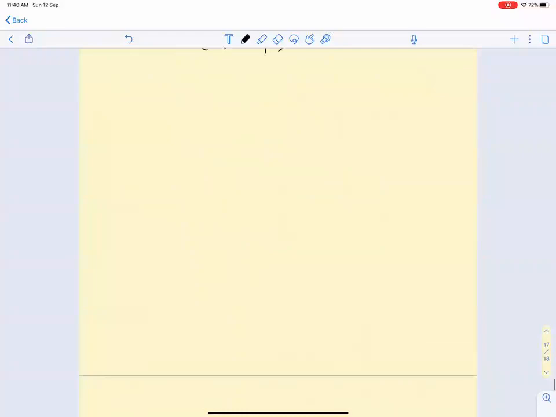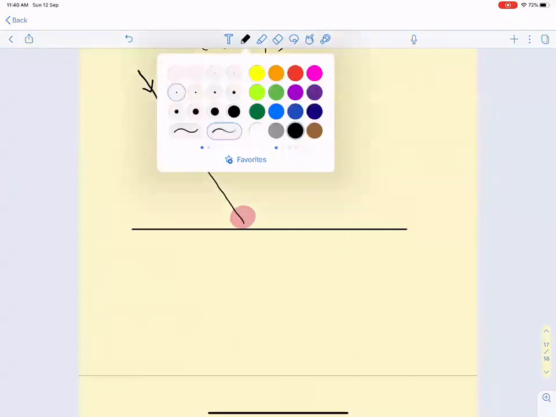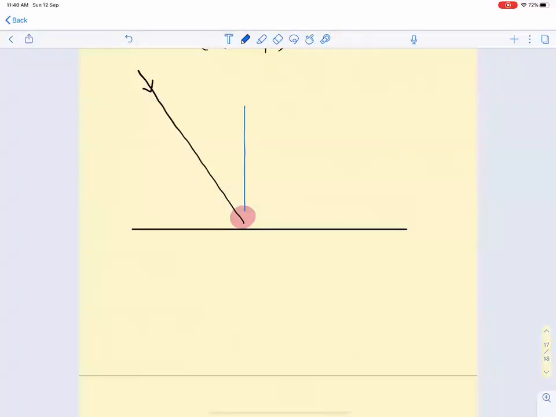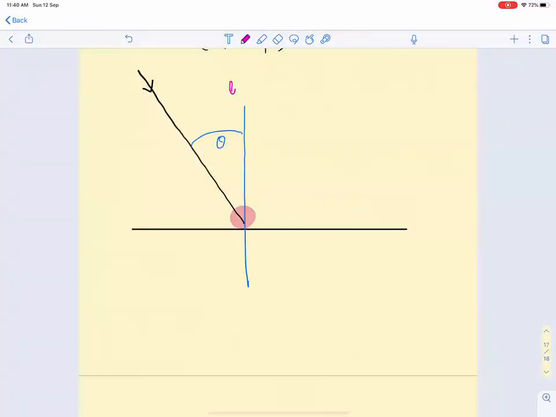Now, you can think about the oblique impact. Say a ball comes along this particular line, and it makes an angle theta with the normal, and that normal is obviously the line of impact.